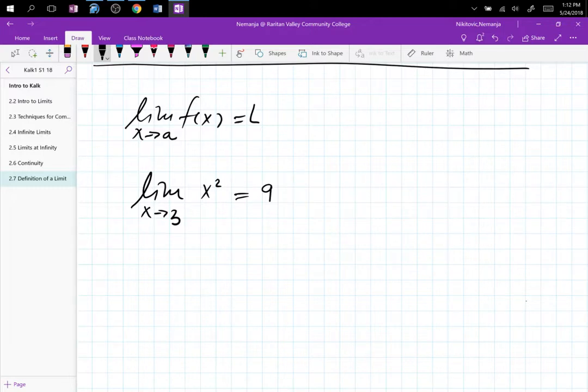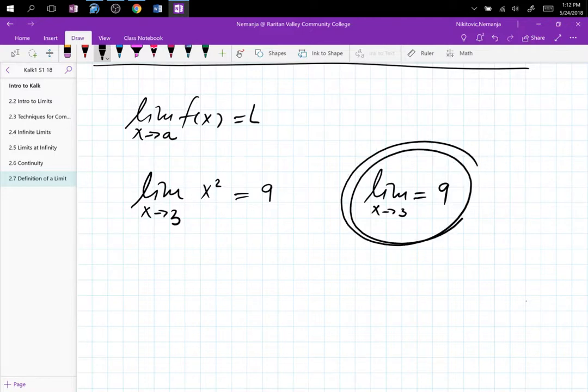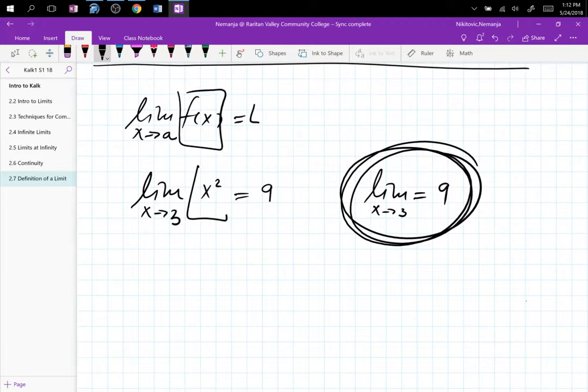And that's proper notation. If you write this, you trigger my allergies because that is a meaningless statement. This over here means nothing. Nothing. Because the proper notation always has something that follows the limit.